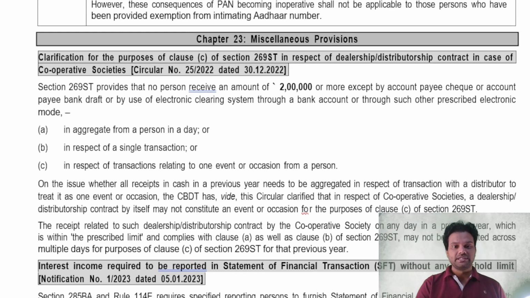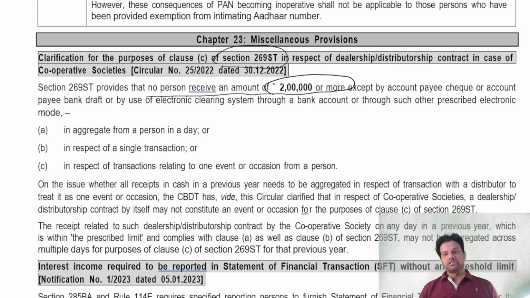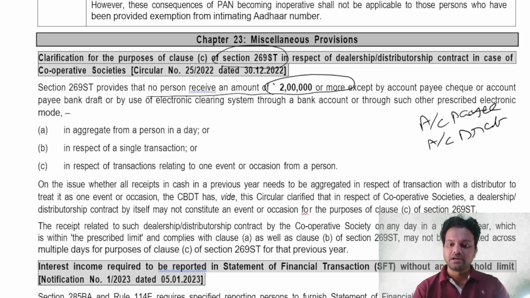Amendment number 2 relates to section 269ST. What is section 269ST? 269ST says that no person shall receive an amount of 2 lakh or more other than by an account payee cheque, account payee draft, or through ECS, except by these three modes.